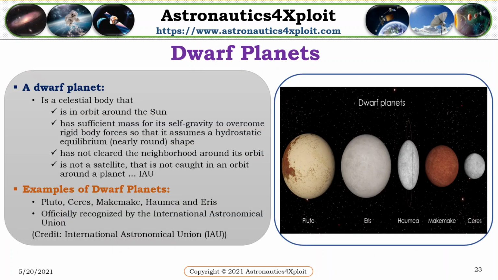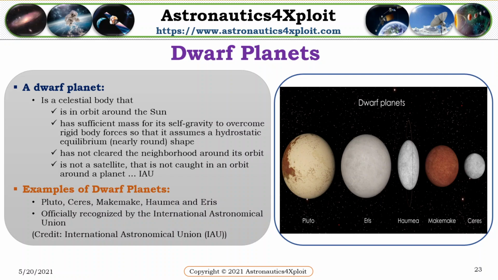Dwarf planets. By the IAU, a dwarf planet is described as a celestial body that is in orbit around the Sun. A dwarf planet has sufficient mass for its self-gravity to overcome rigid body forces so that it assumes a hydrostatic equilibrium, nearly round shape.